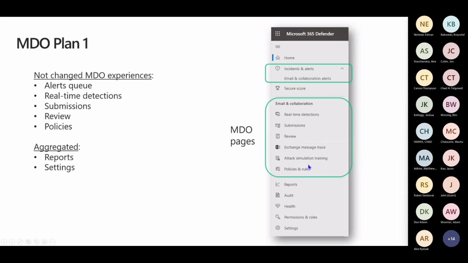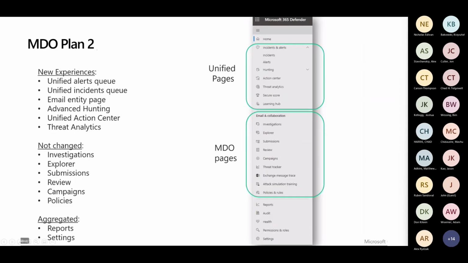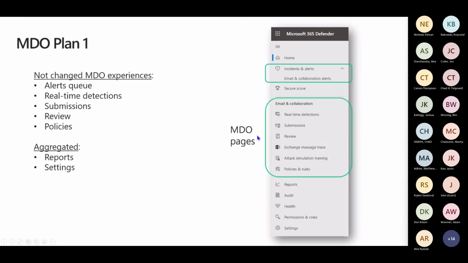You're going to still have the ability there. You'll see, just if we flip back and forth, some of the things that are missing out of there. So threat tracker, simulation training, those are some of the things that are not inside of Plan 1. You'll also have a unified incident and email, for email and collaboration alerts from a single pane of glass.